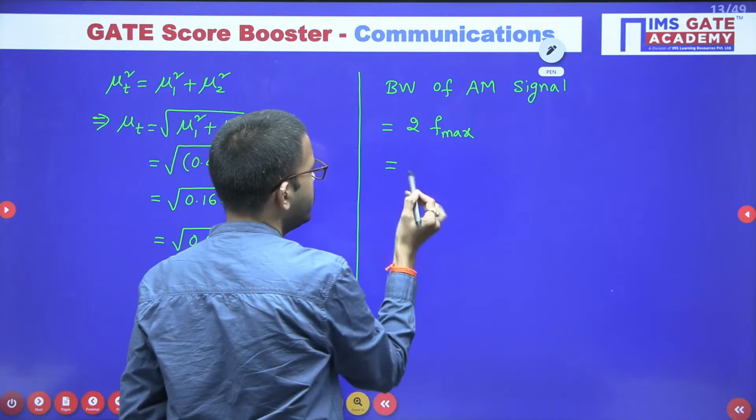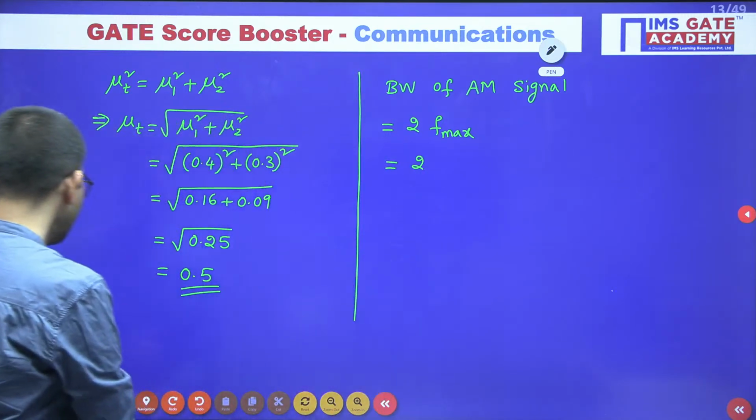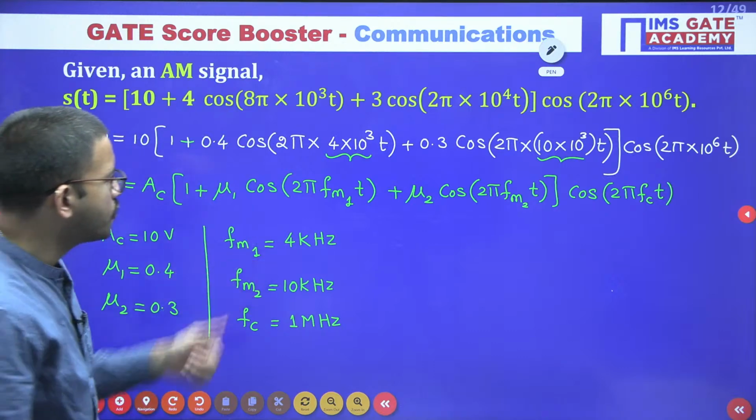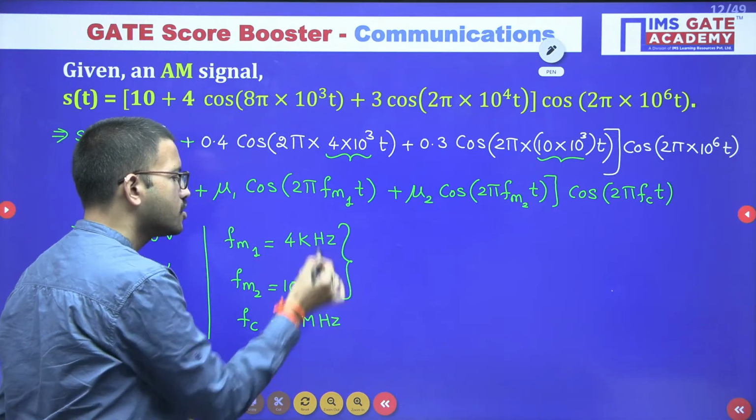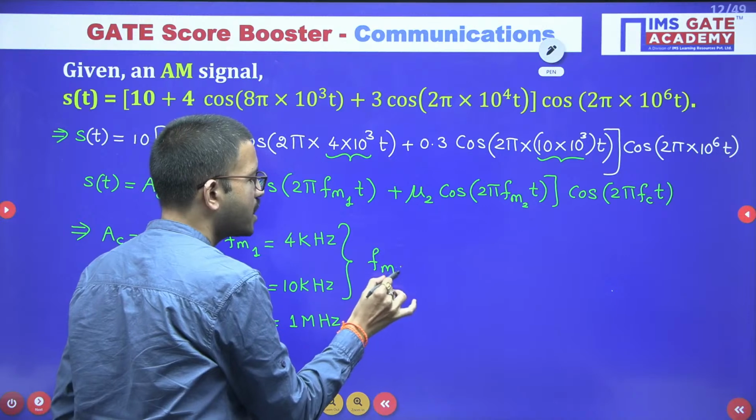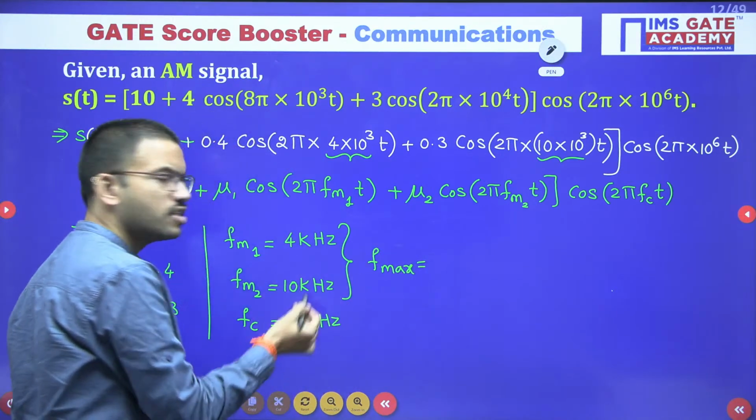Here, if you observe, we got 2 frequencies in the message signal, one is 4 kilohertz and another is 10 kilohertz. So the maximum frequency we are going to get is 10 kilohertz.